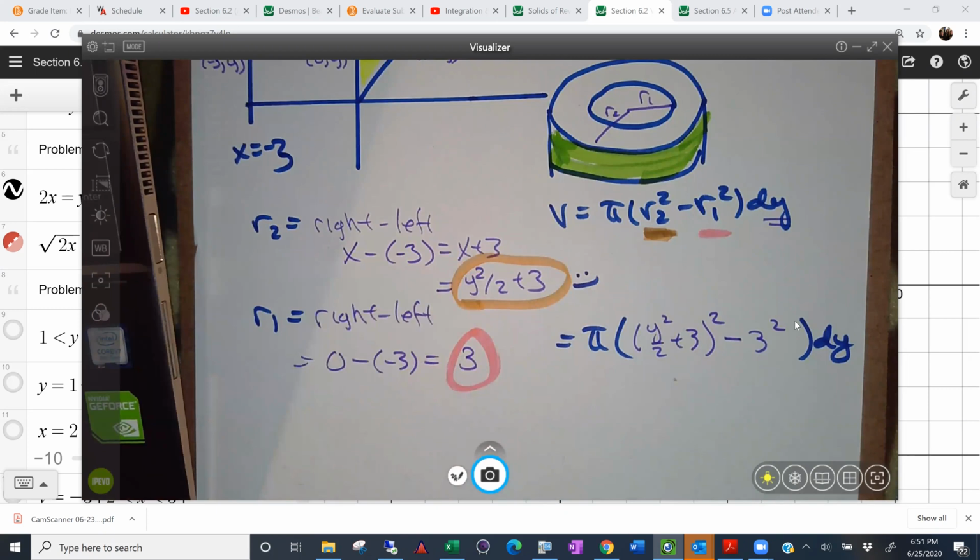So let's make this as simplified as possible. I'm trusting that I don't need to square this out like I did in the last video by hand. So let me just help us out here. That's going to be y to the 4th over 4 plus 3y squared plus 9 minus 9.